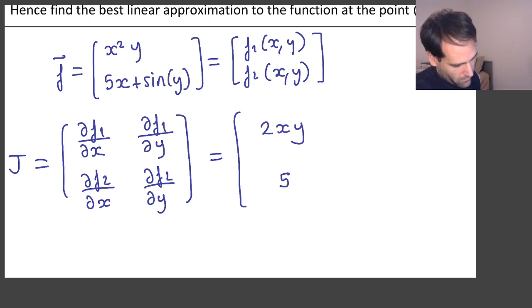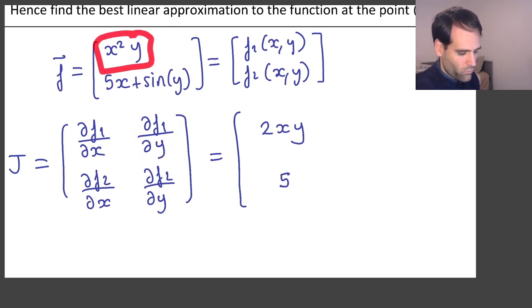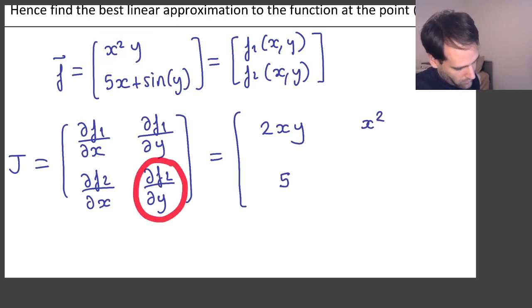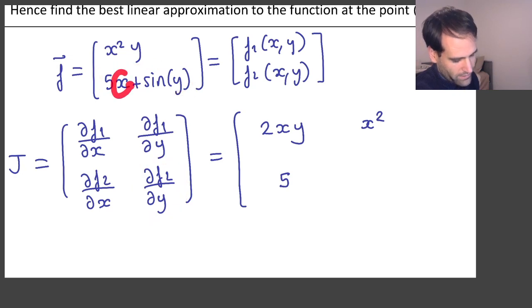Next, I calculate the partial of f1 with respect to y. What's the derivative of this with respect to y, assuming that x is a constant? This is equal to x squared. And finally, the partial of f2 with respect to y: assuming x is a constant, this will be 0 plus the derivative of the sine, which is the cosine of y.